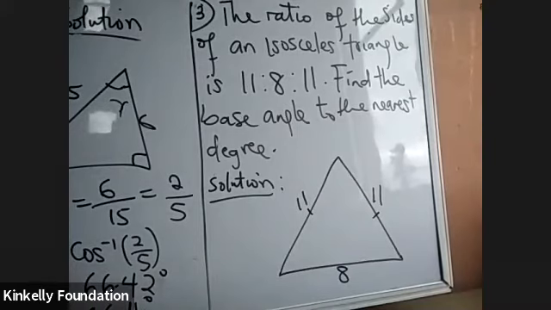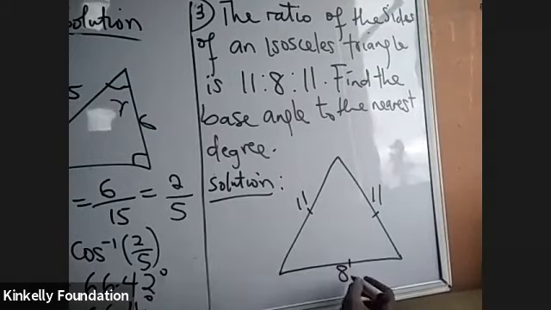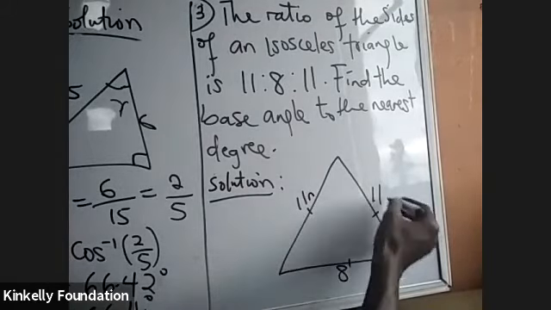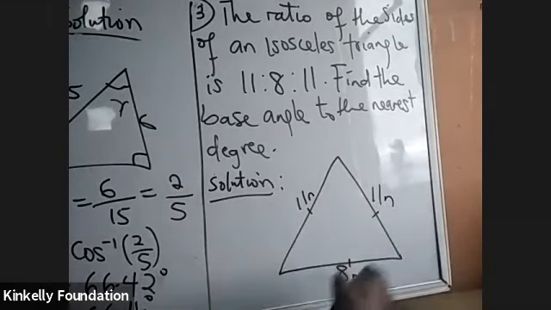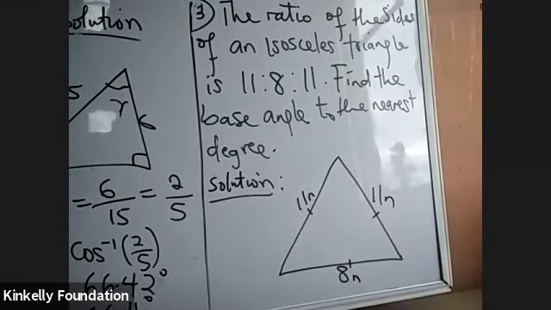Assuming the size is n, we have 11n, 8n, 11n. This is the common multiplier for each of the sides.